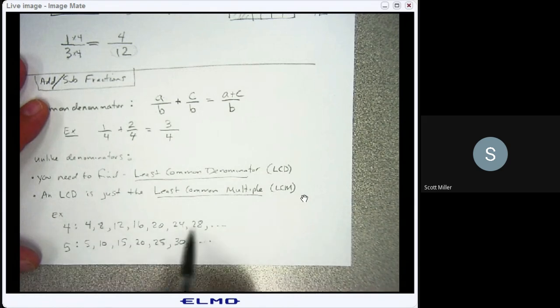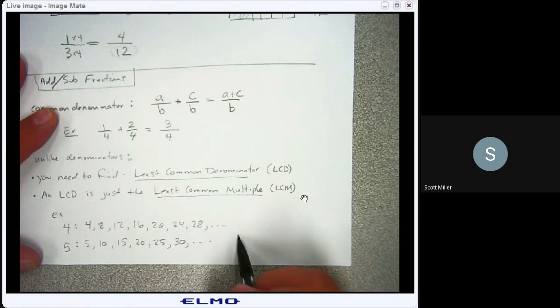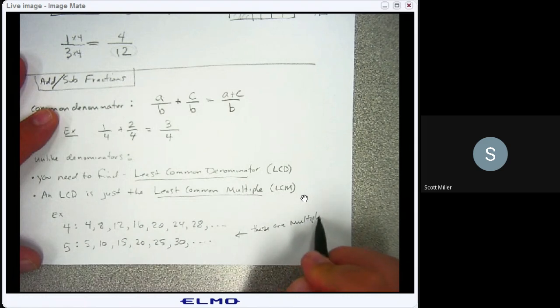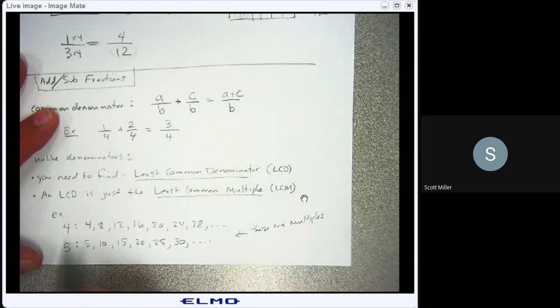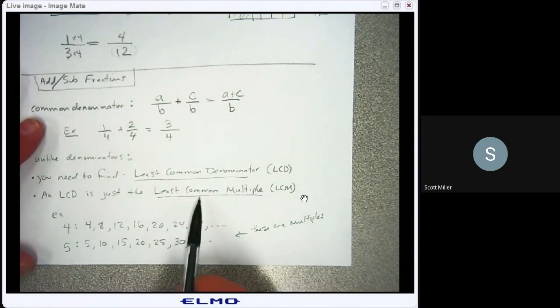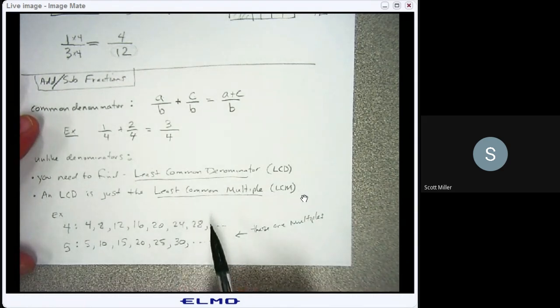These are multiples. Do we see this? All of these, so these are multiples for 4 and 5 because you got it by multiplying. See that? So you ready? Mind blown here. Are there any numbers that are common?